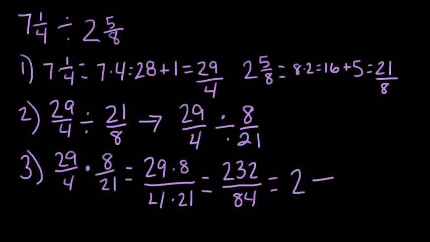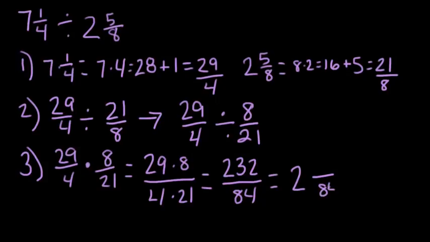And we keep the denominator the same. So 2 times 84 down here, we'll do quickly, 84 times 2.